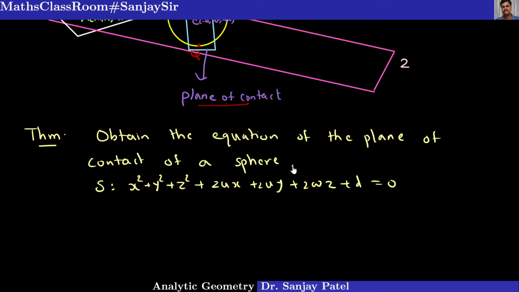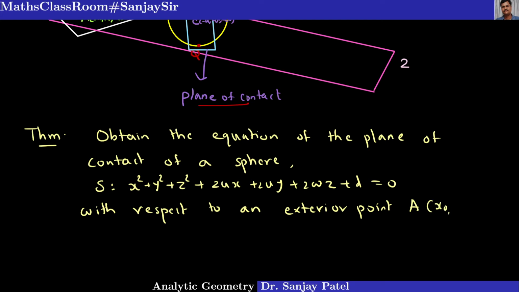I am taking the general equation. So obtain the equation of the plane of contact of a sphere with respect to an exterior point A (x0, y0, z0). Okay. Let us prove this.